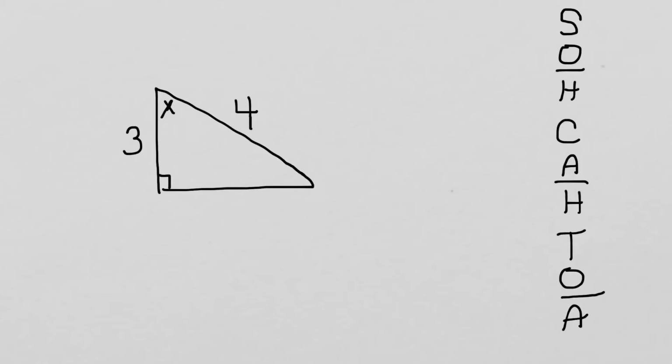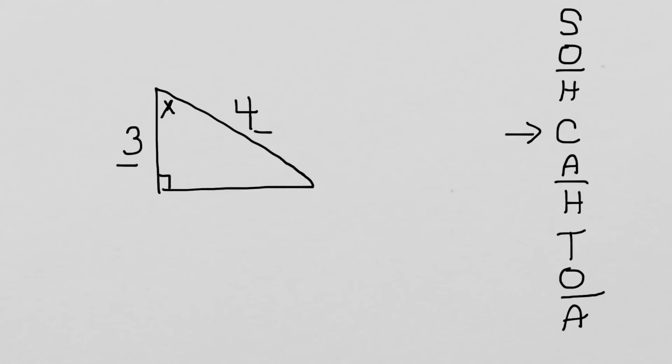So we've got adjacent and hypotenuse. We look over here and see that the identity that uses adjacent and hypotenuse is cosine.